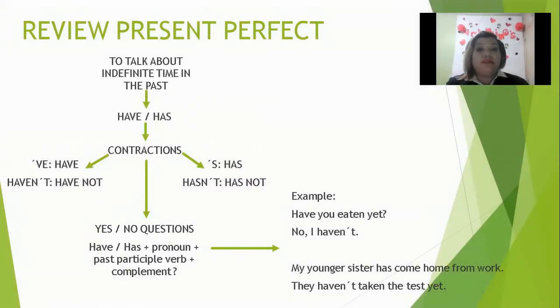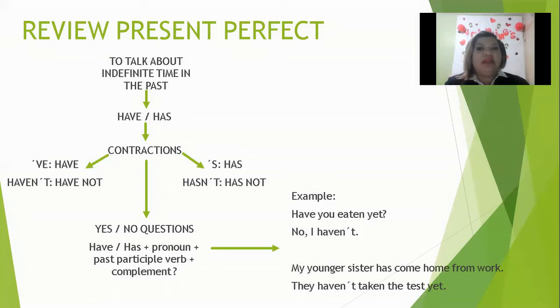Review of present perfect. We are going to do a summary about this topic so you can remember. Remember that when we use present perfect, we are going to talk about indefinite time in the past. We are going to use have and has.